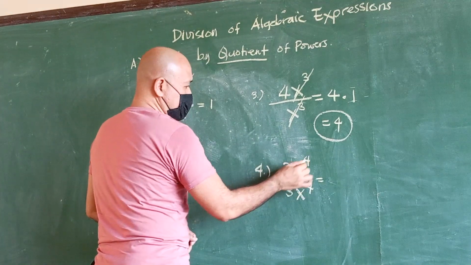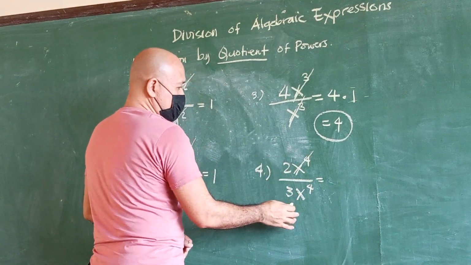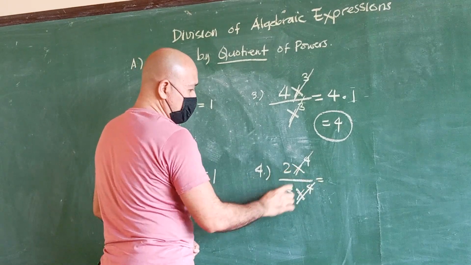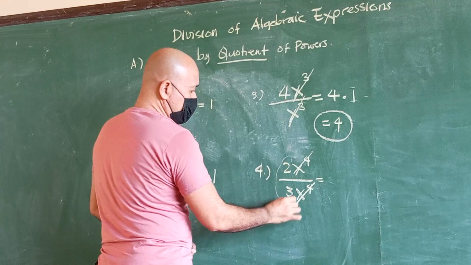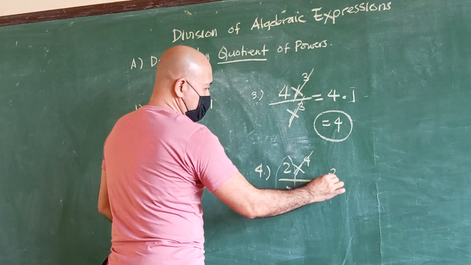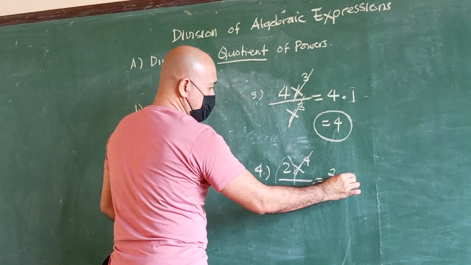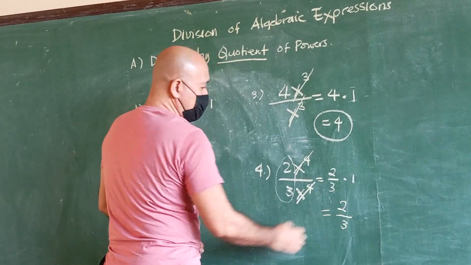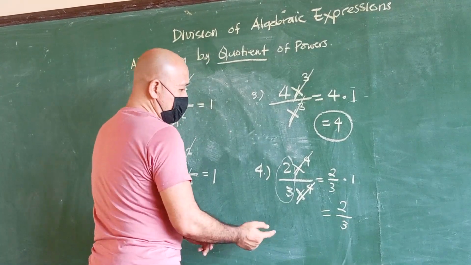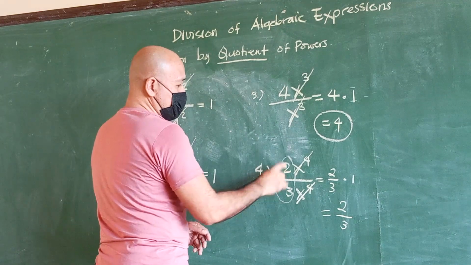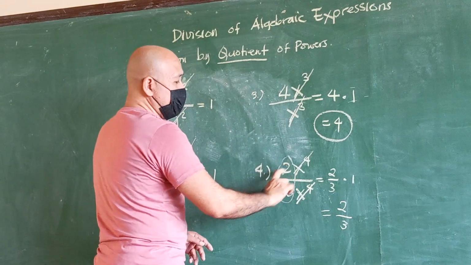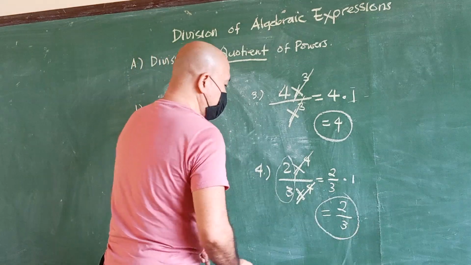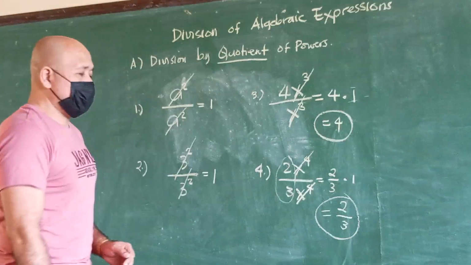Since x raised to the power of 4 is also the same in the denominator, we just cancel. What remains is 2 over 3 times 1, or simply your answer is 2 over 3. Do not cancel the 2 over 3 because these numbers are not the same. So the final answer for number 4 is 2 over 3.